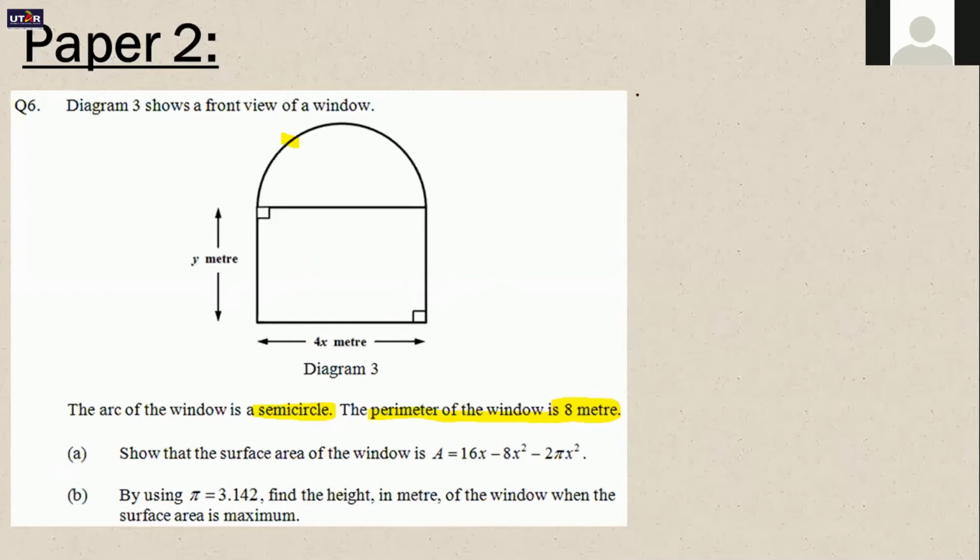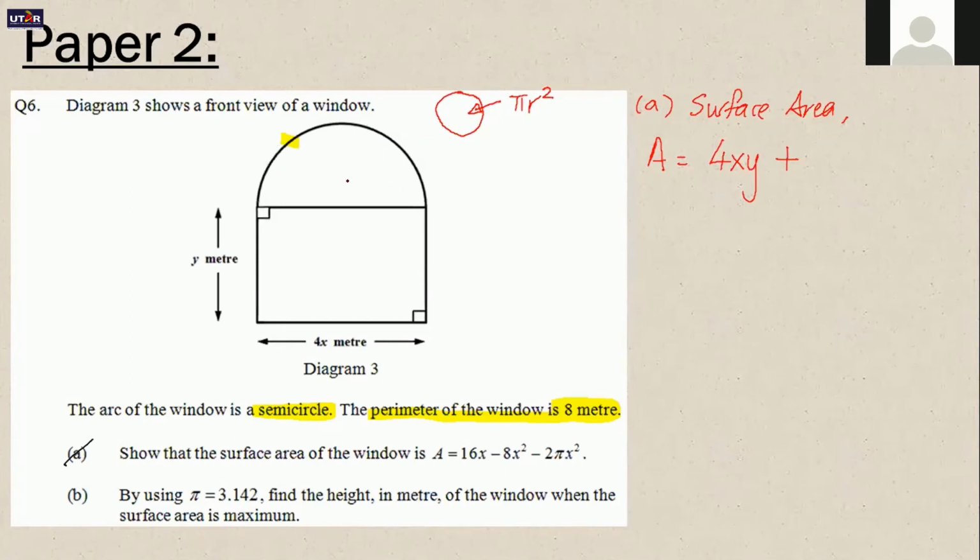I want to find the surface area. So A is equal to the area of the rectangle, 4xy, plus the area of the semicircle. We know that the area of a circle is pi r squared, so I need to know the radius.